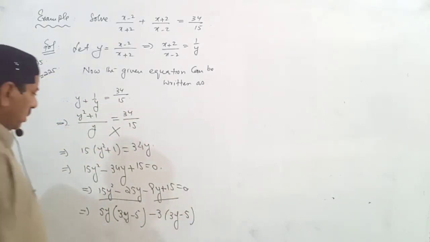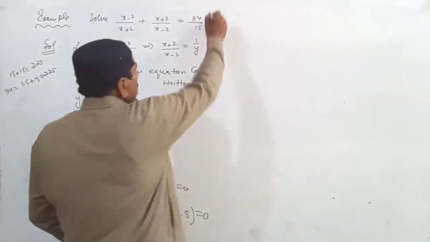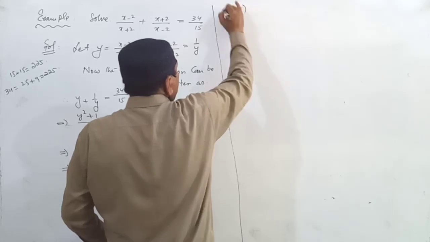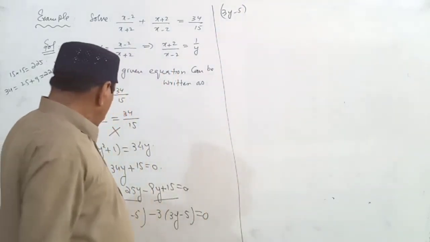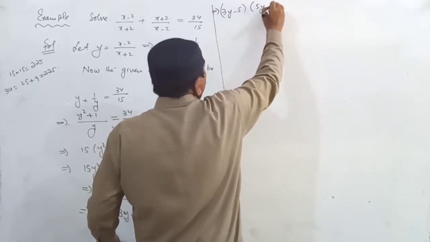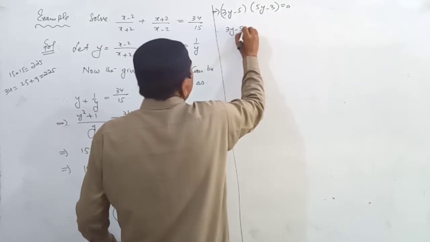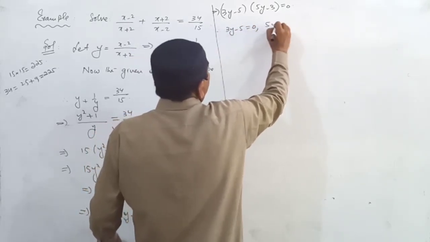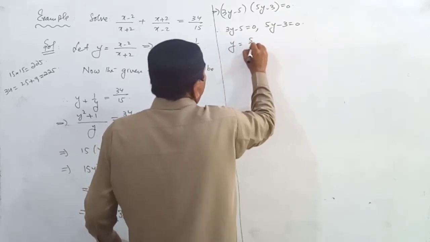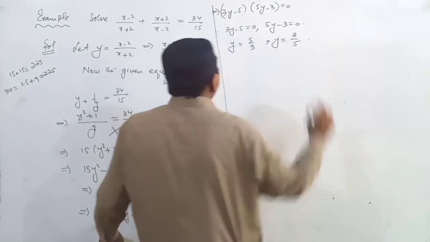So now it is equal to 0. (3y minus 5) is common, (5y minus 3) is equal to 0. Therefore 3y minus 5 is equal to 0 and 5y minus 3 also is equal to 0. The value of y is equal to 5 upon 3. Value of y is equal to 3 upon 5.